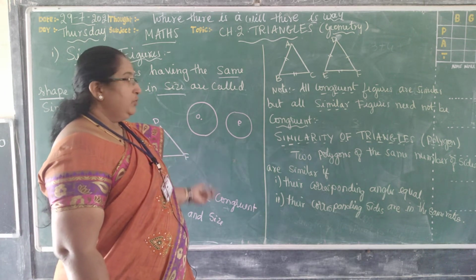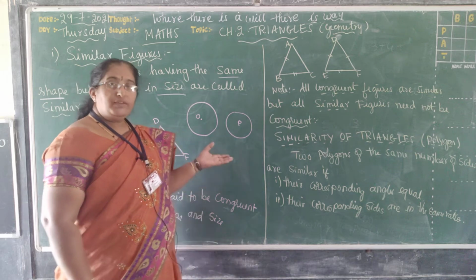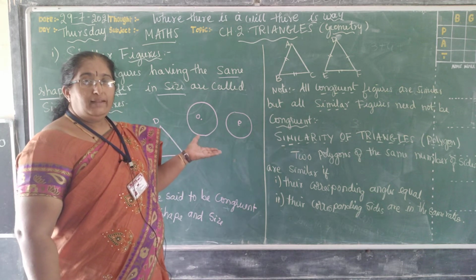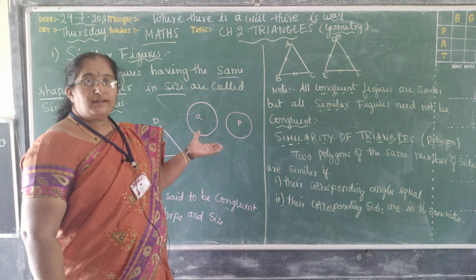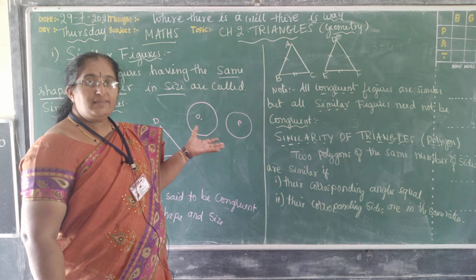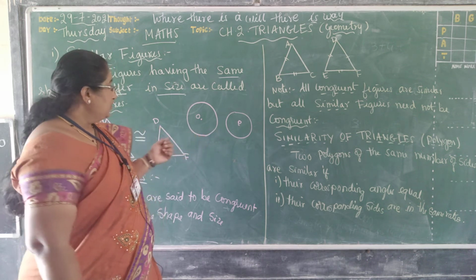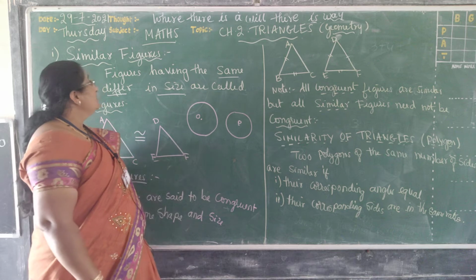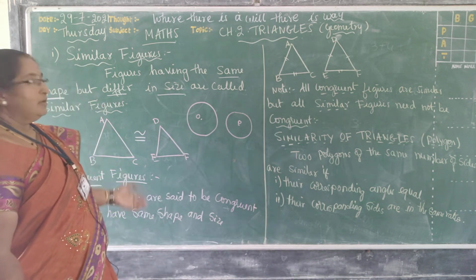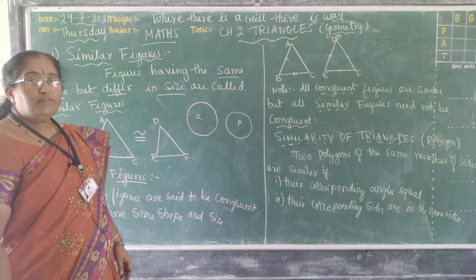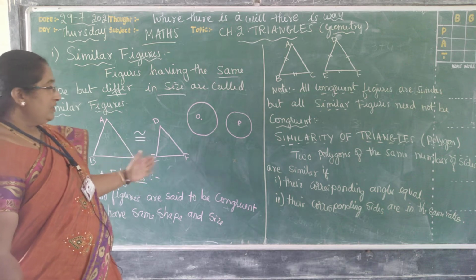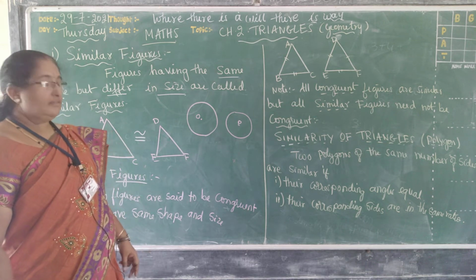The radii of the two circles are different. The shape of the circles is the same, but the sizes are different because their radii are different. So these also come under similar figures. What is the definition of similar figures? Having the same shape but differing in size.